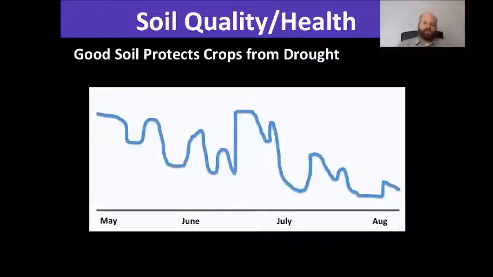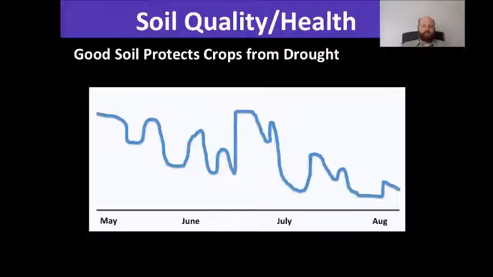So I mentioned before this whole thing of soil aggregation. And we're not going to talk too much about it. I know you guys have had your soils class, and we don't want to get into too much detail. But one of the things to keep in mind is that healthy soil helps protect your crops from drought. Because on a typical year, you may have, say this is the soil moisture level through the course of the year. And this is just a little drawing I made. This is not actual data or anything like that.